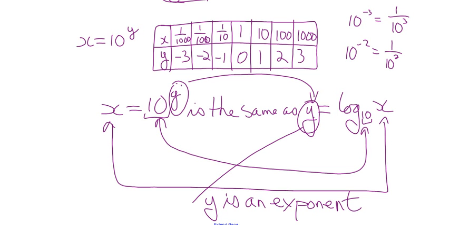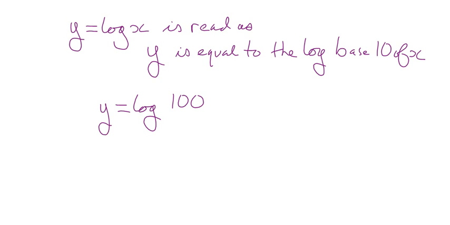This value is called the argument. Okay, but I'll call it the value. It's the value or the argument, right? So when you see this written, y equals log base 10 of 100, you can say, if I go 10 to the exponent y, I'm going to get 100. So that's a conversion from a logarithmic form to an exponential form, right? We just say, take the base, raise it to this exponent, and this is the value that you get.